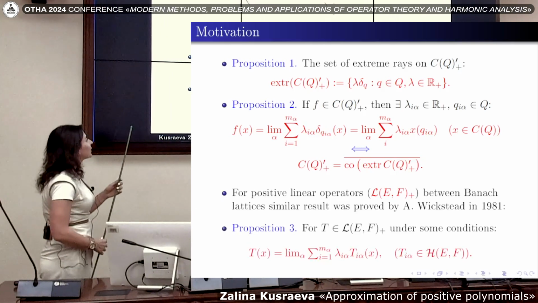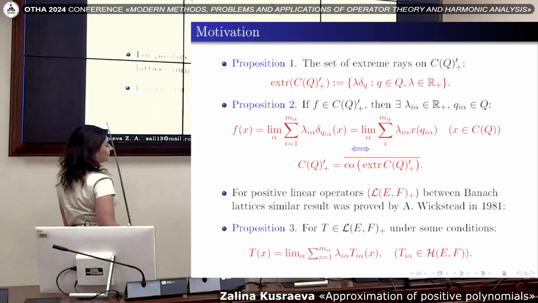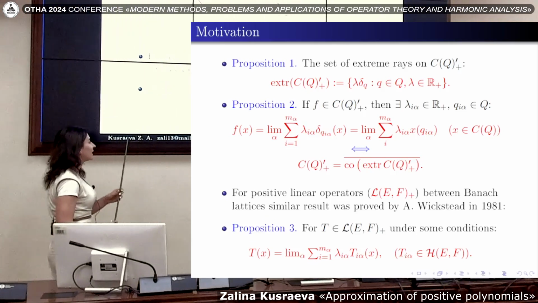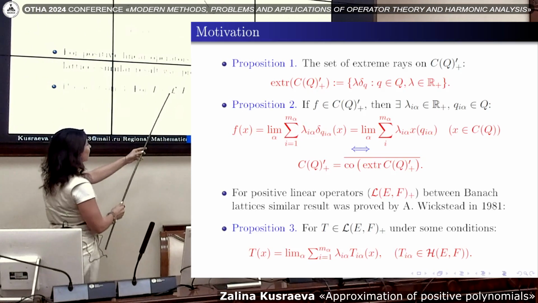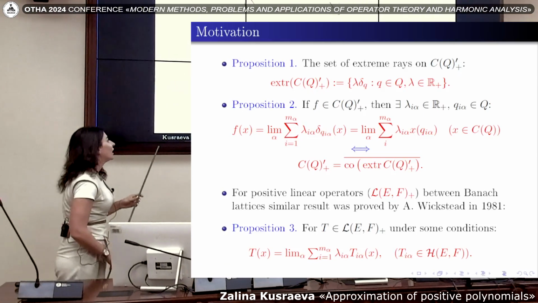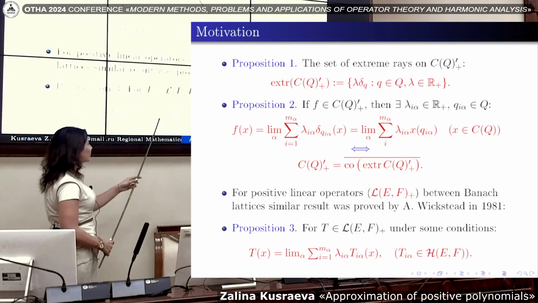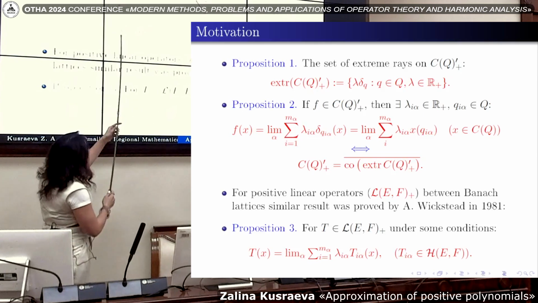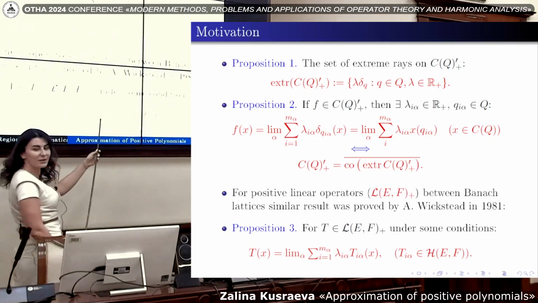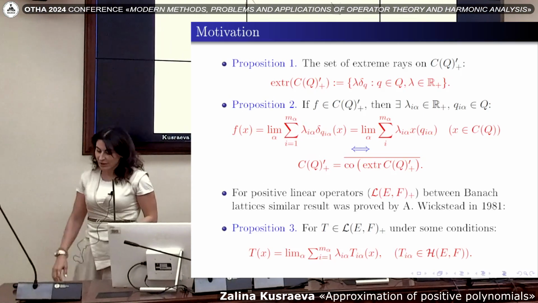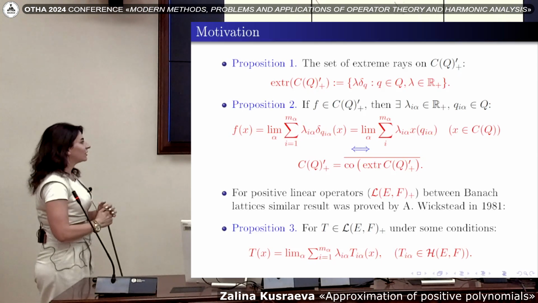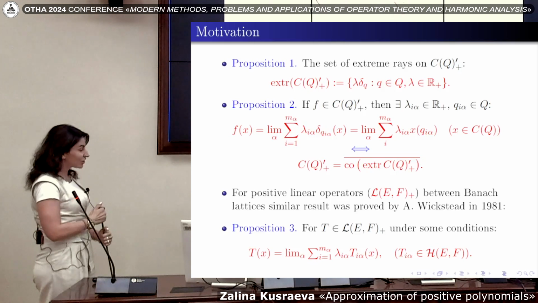I just show you here the main statement of this theorem, to draw your attention to the fact that a positive linear operator acting between Banach lattices E and F can also be represented as a linear combination. Here you can see, instead of Dirac measures, some linear operators, which I will define later, called lattice homomorphisms. It is written in this form to visualize that this is one line of investigation.